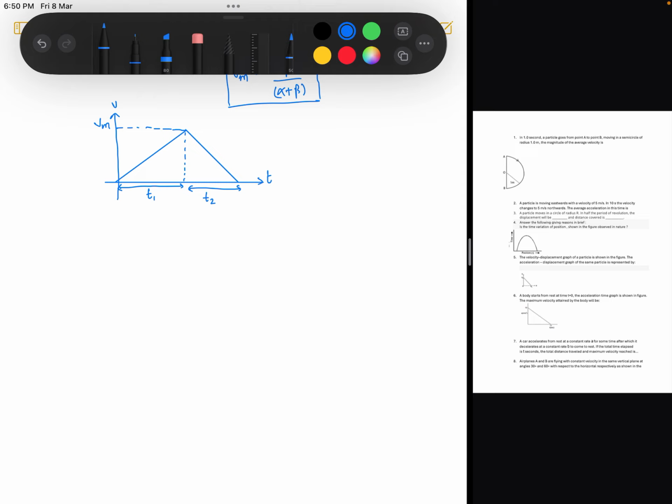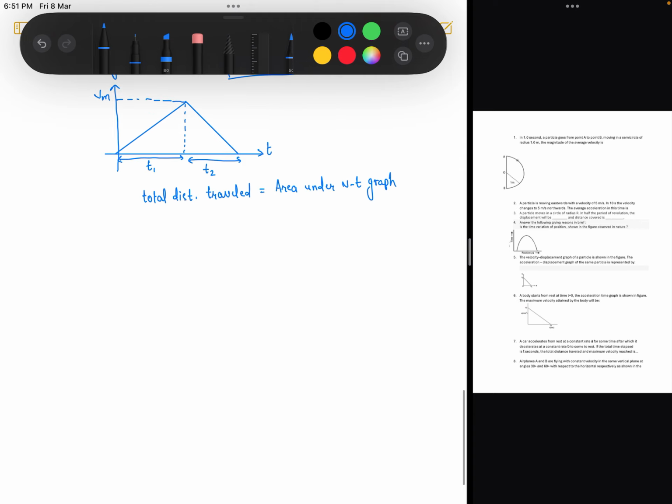Now what we have to calculate is the total distance traveled by the particle. The total distance traveled by the particle will be equal to the area under the VT graph. So what will be the area under this VT graph?